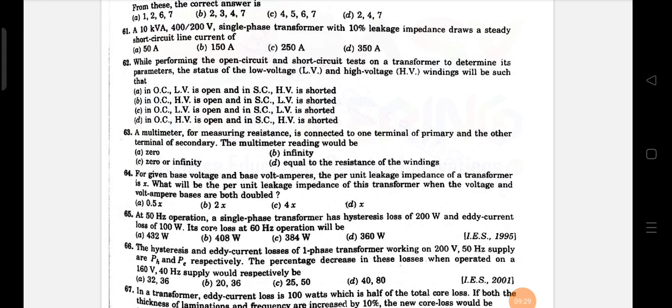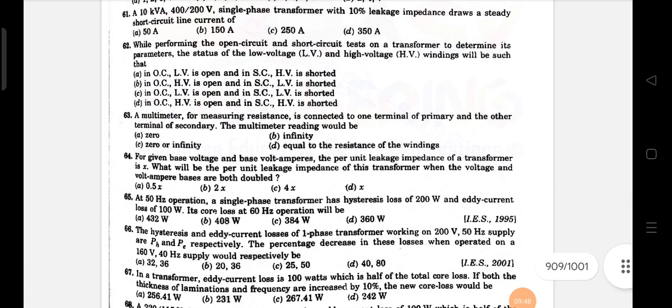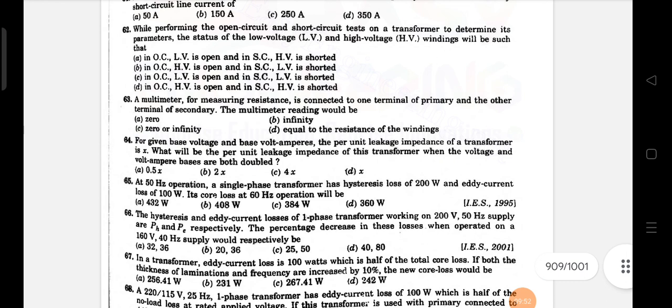Here one measuring lead is connected on the primary winding and one on the secondary winding. Then the circuit is open, because there is no electrical connection between primary and secondary. When the circuit is open, the multimeter shows infinite reading. That means the 63rd answer is B.